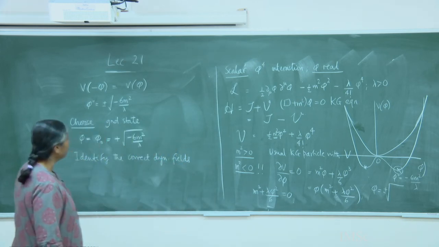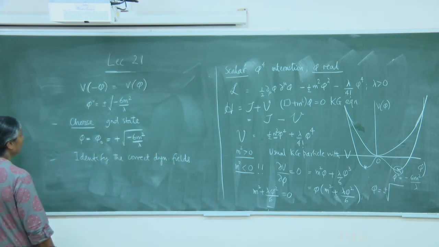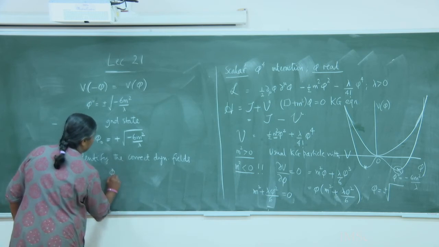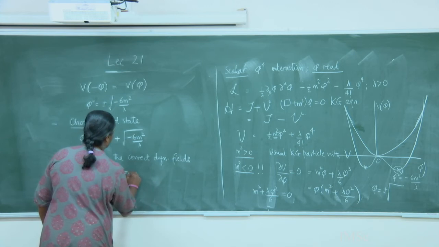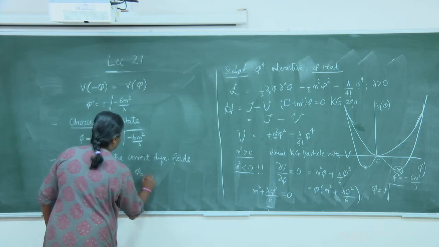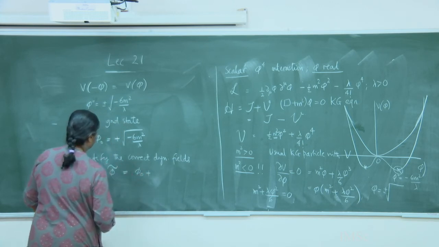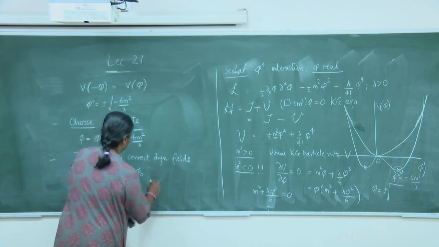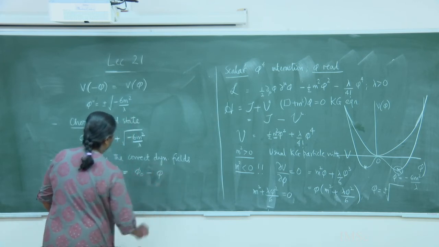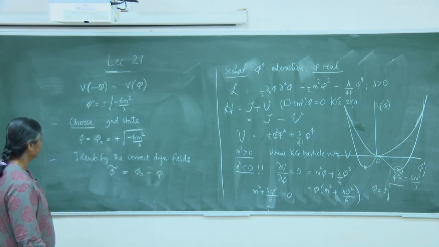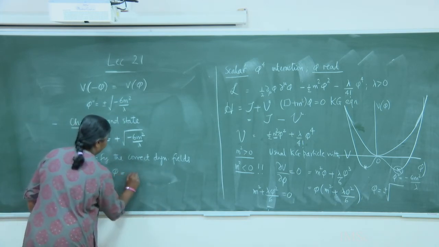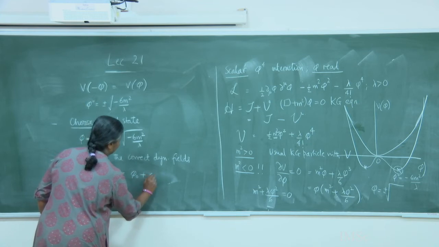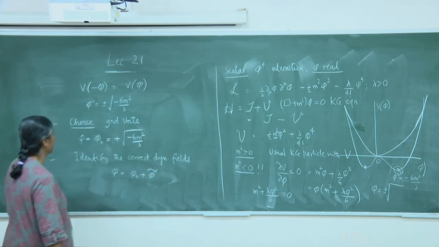So we have to reconstruct this in terms of, let us identify the dynamical field to be phi tilde. Let me write phi is equal to phi naught plus phi tilde, just to get the signs right.